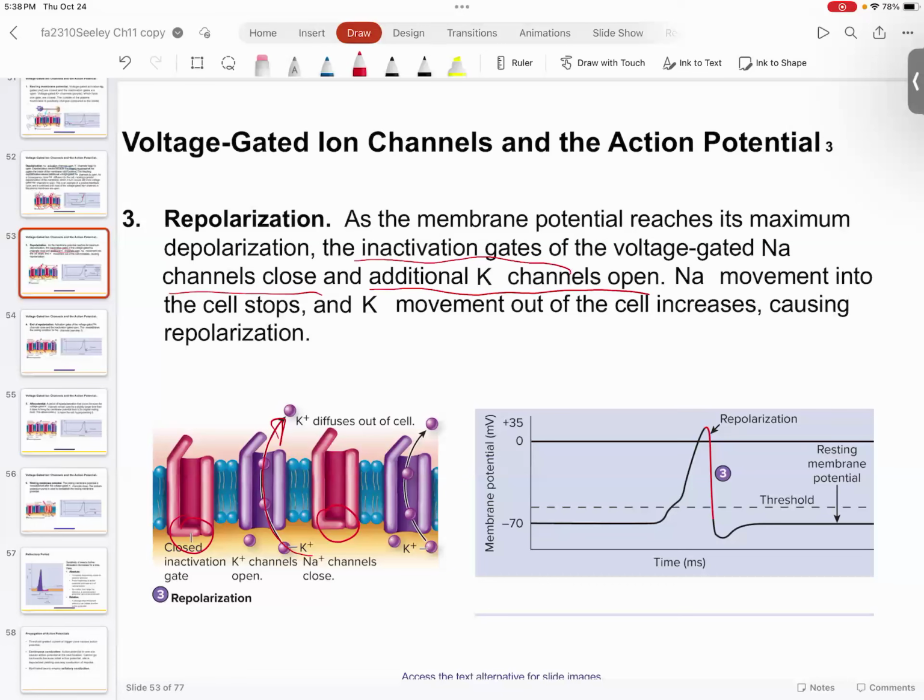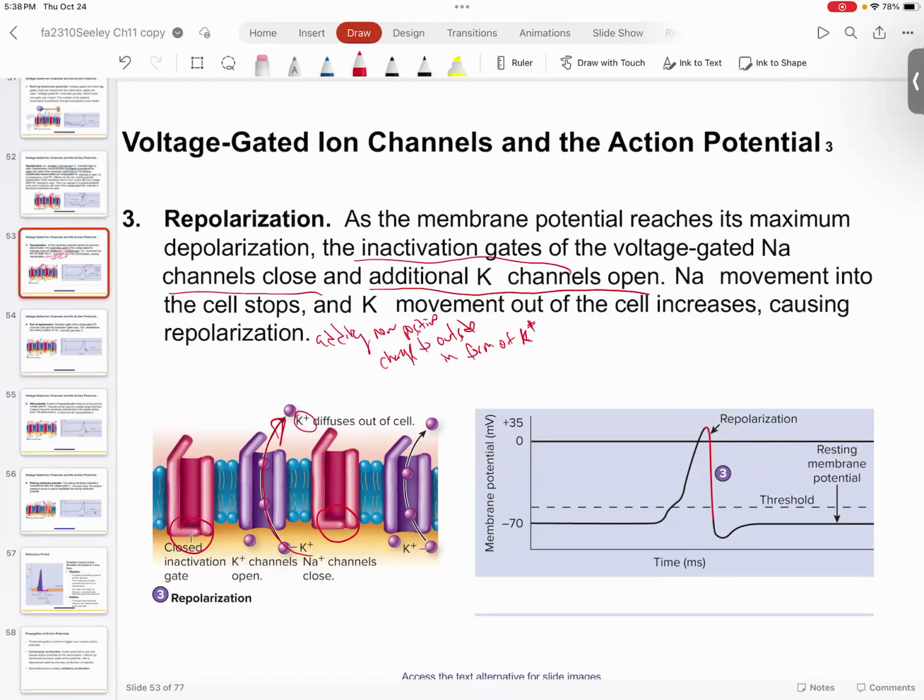And potassium movement out of the cell increases, causing a repolarization. Why? Because you are adding new positive charge to the outside, in the form, in this case, of potassium.